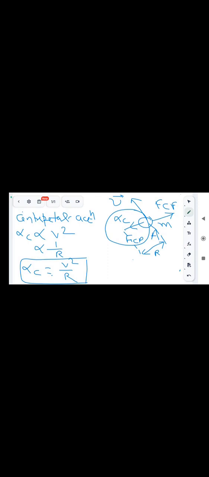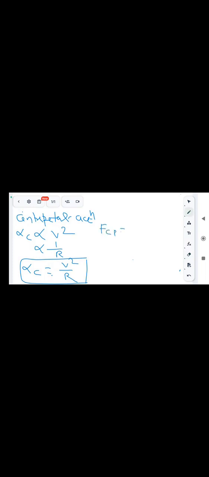Now the centripetal force FCP equal to what? Mass multiplied by centripetal acceleration alpha c, that is equal to mv square upon r.